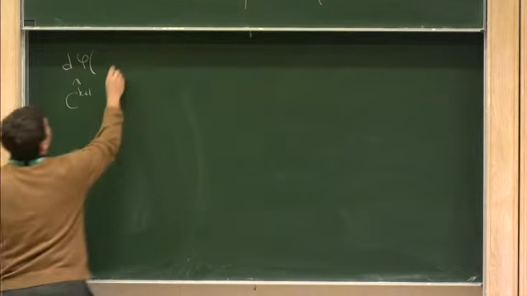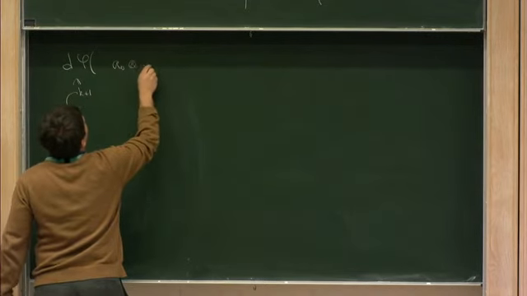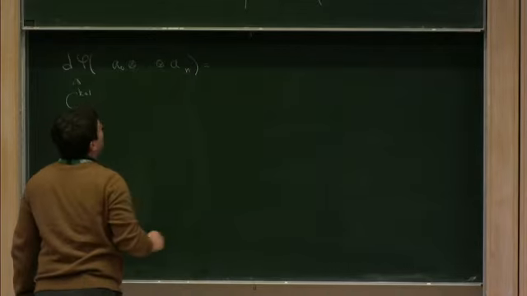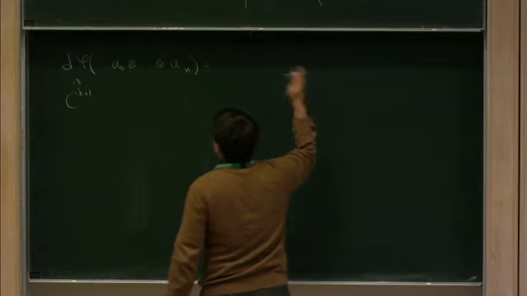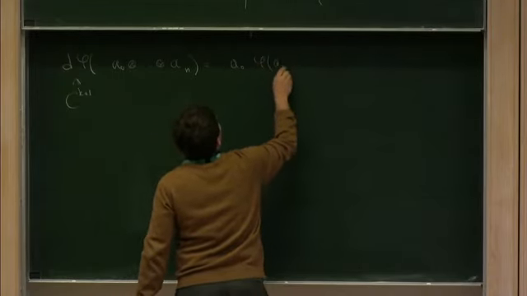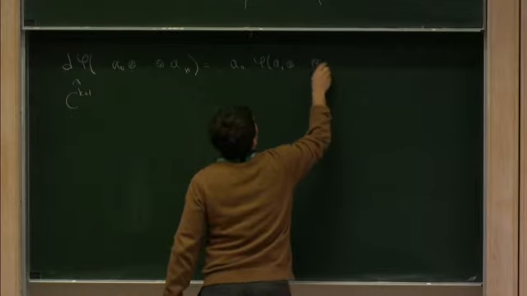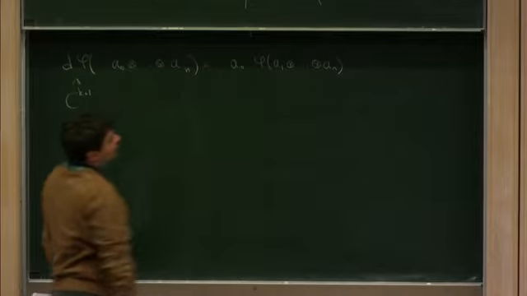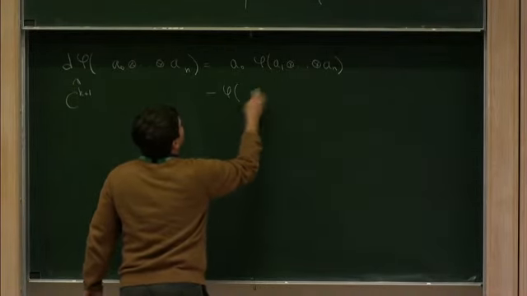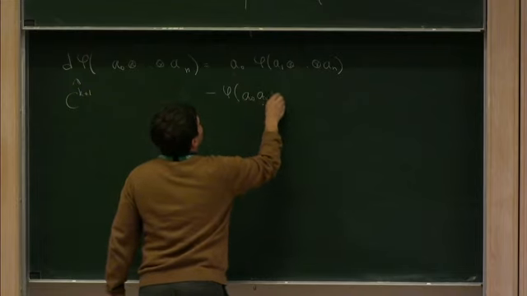And so if I evaluate it on a_0 tensor through a_n, then, well, the first and last terms are kind of special. The first term is that I take a_0 and then I evaluate phi on a_1 through a_n, and then I act with a_0 on the left. The next term will be where I multiply some of the terms together.